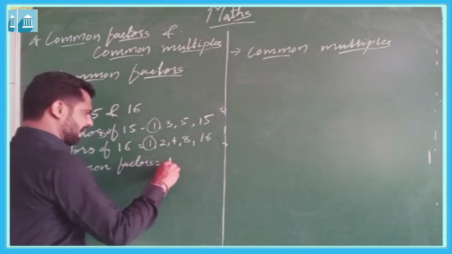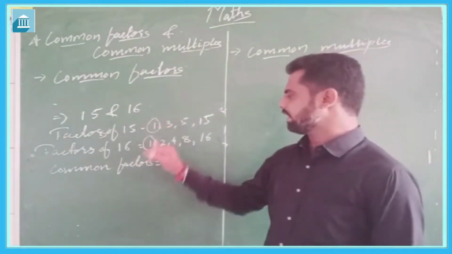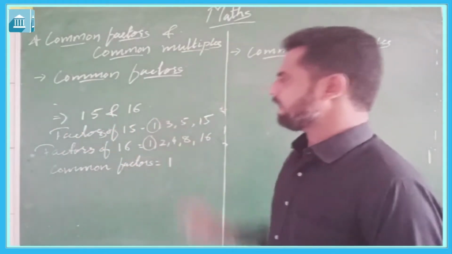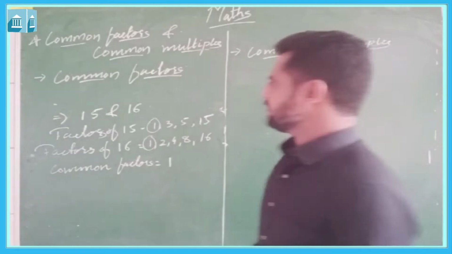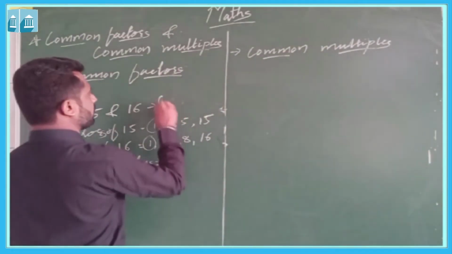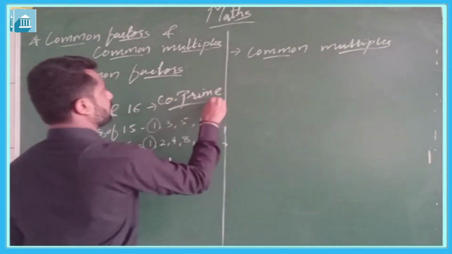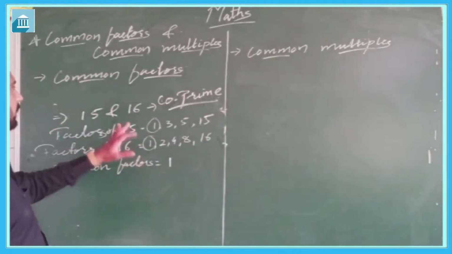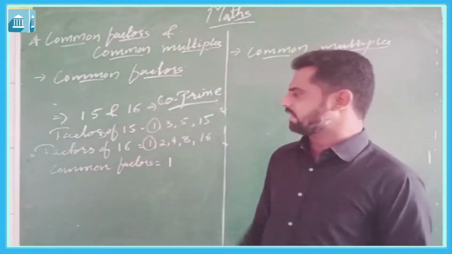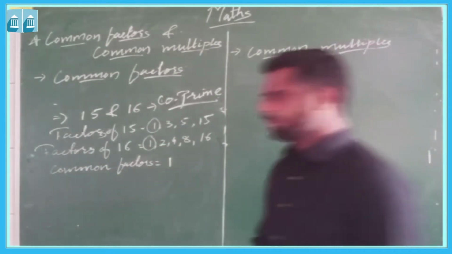So we can say that the common factor of 15 and 16 is 1. Now such numbers which have only 1 as their common factor are called co-prime numbers. The numbers which have only 1 as their common factor are known as co-prime numbers.